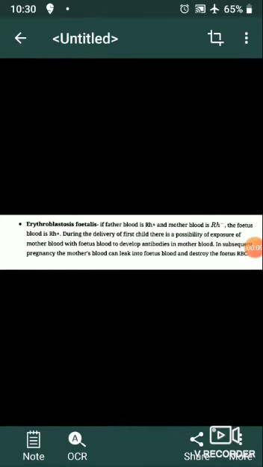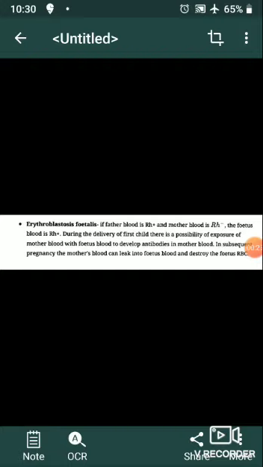Erythroblastosis fetalis. If the father's blood is Rh positive and the mother's blood is Rh negative, the fetus's blood is Rh positive.